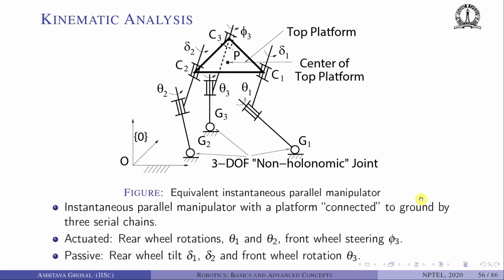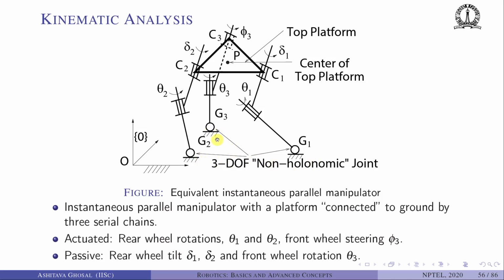So as I had mentioned in the last lecture, we will model a wheeled mobile robot as an instantaneous parallel manipulator. So we have a top platform, and although we don't have a fixed platform, we have these three ground contact points, and we will represent these ground contact points as 3 degrees of freedom non-holonomic joints.